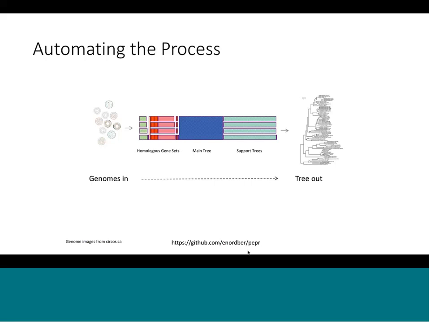When all those protein families are brought together, we concatenate them into a single string, and we build the tree on that. Now, we also include support values for those trees, which I will describe later. So basically, from your perspective, on the left side, the circles denote the genomes. Those are the genomes in. That middle part is all happening behind the scenes in PATRIC, but what you'll get is the tree out at the other end.